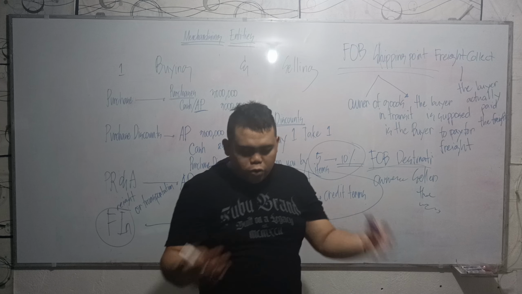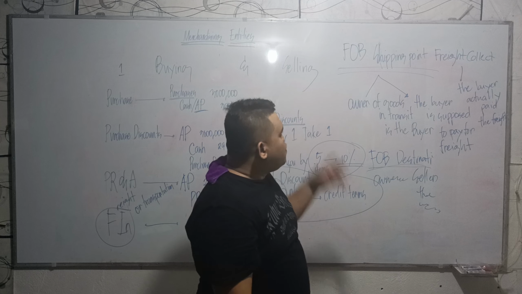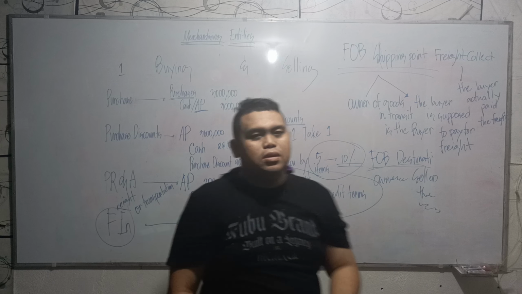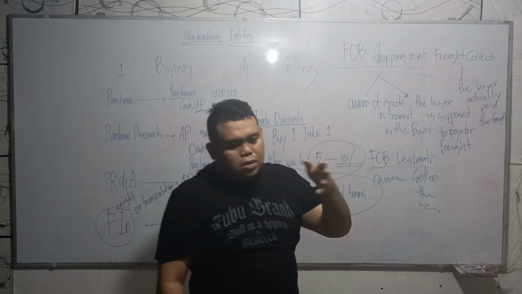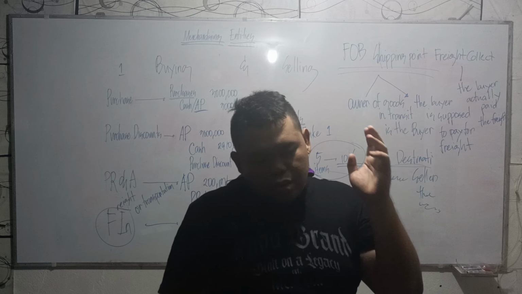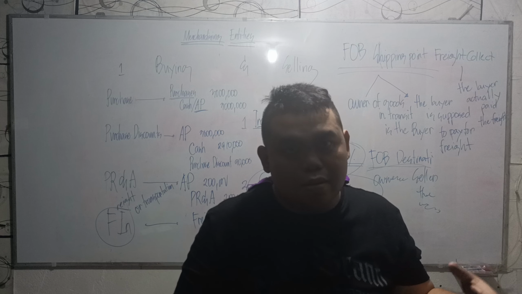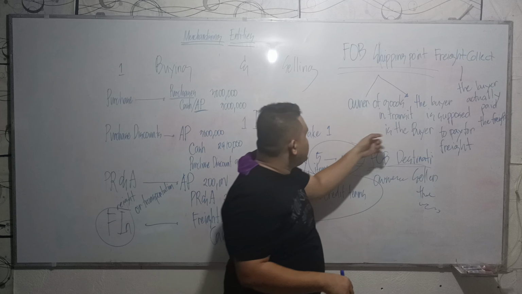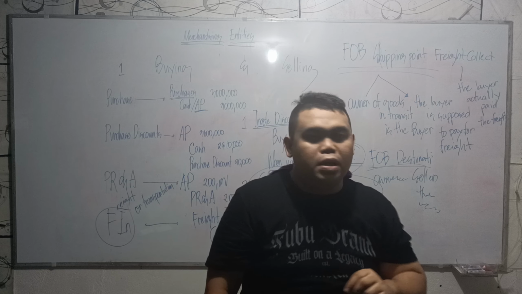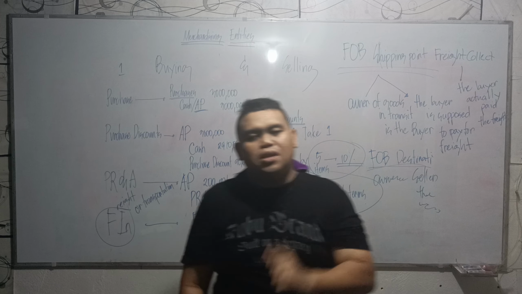Okay? So in order for you to remember it more easily, remember FOB shipping point, the title passes upon shipment. So since the goods that we're talking about here are in transit, meaning it has already been shipped, then the owner changes from seller to buyer already upon shipment. So the goods in transit are owned by the buyer. FOB shipping point, the title passes upon shipment. But if we're talking about FOB destination, the title passes upon reaching the destination.